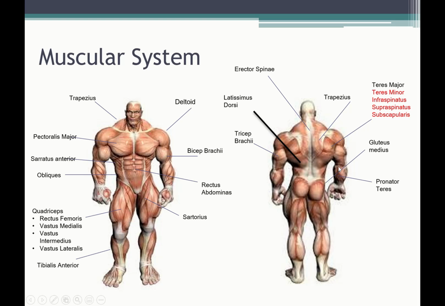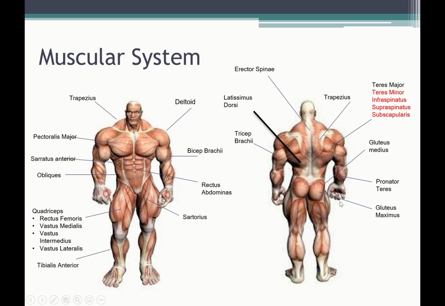The pronator teres, as we mentioned before when we did the skeletal system, this enables you to pronate your forearm. So remember, this is doable through the radio ulnar joint, where we're able to pronate and supinate the forearm. So it's the pronator teres which enables you to pronate your forearm.